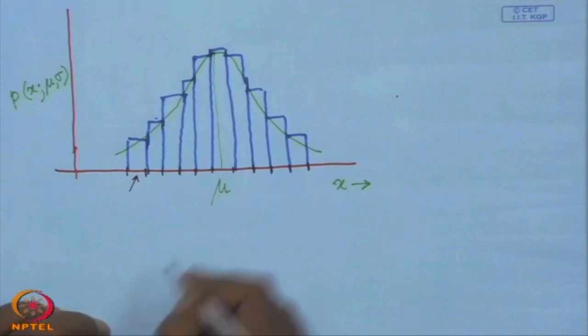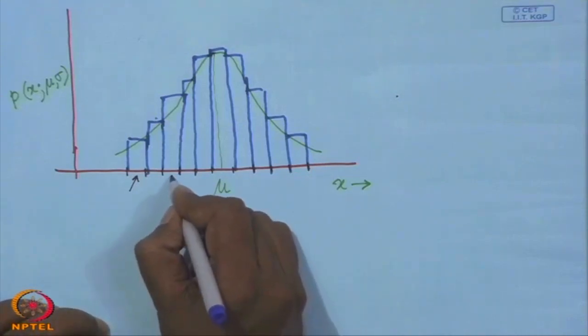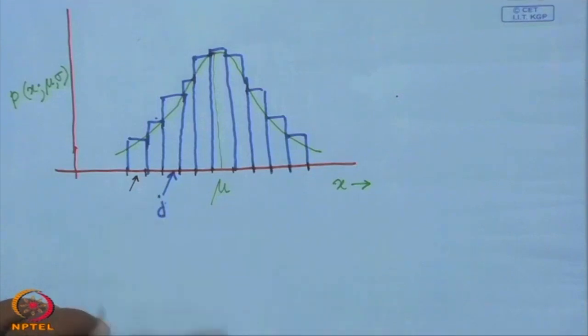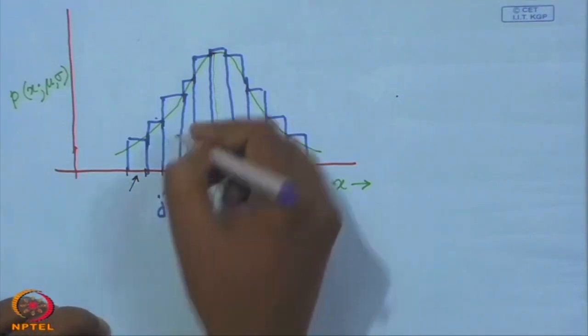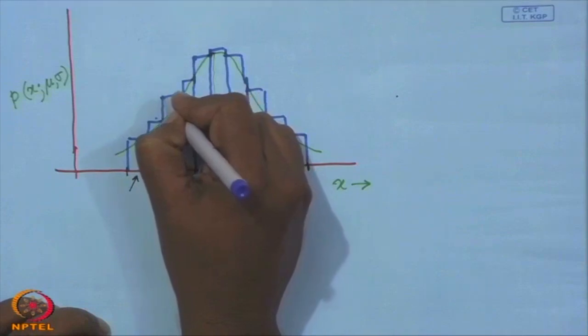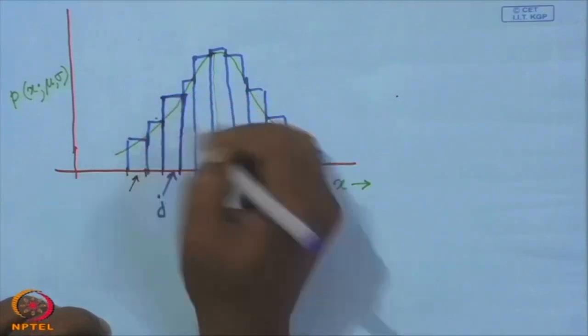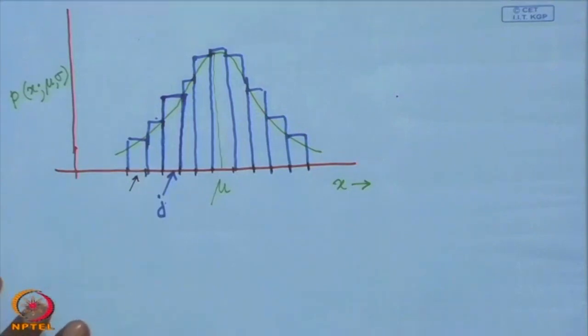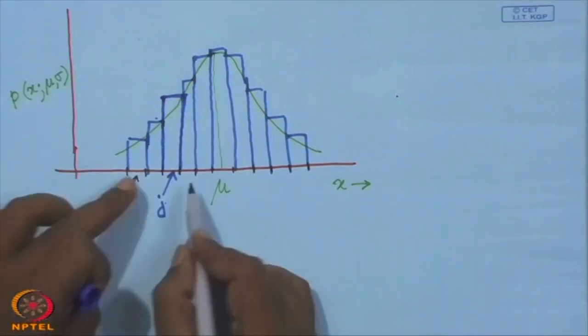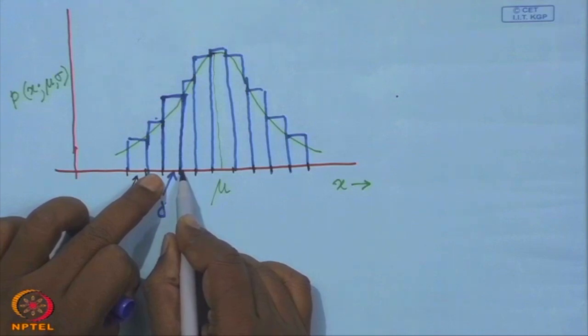Now, once I do that, if I take any of these intervals, a jth interval, you find that the height of the bar indicates the fraction of the samples that fall under this particular interval.